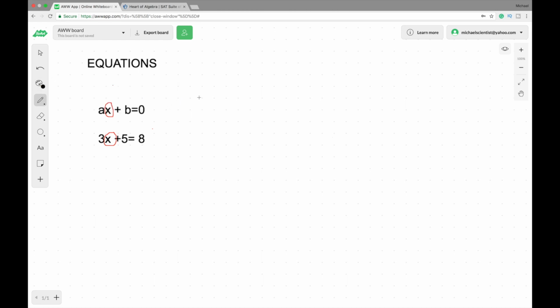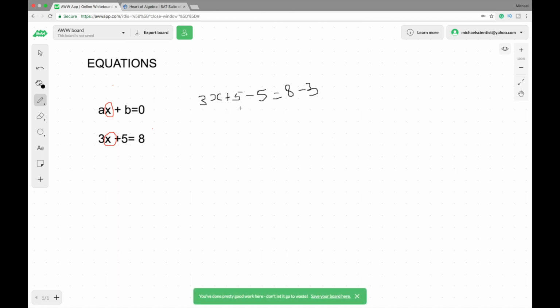All we'd have to do is, with 3x plus 5 equals 8, subtract 5 from both sides. Our result: the 5 would cancel off and go to 0, so we'd be left with 3x, and 8 minus 5 is 3. Sorry, I made an error there.